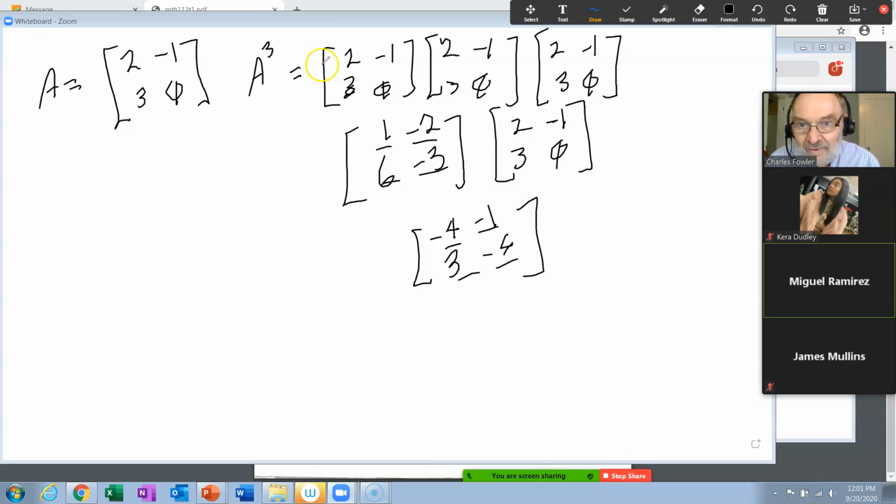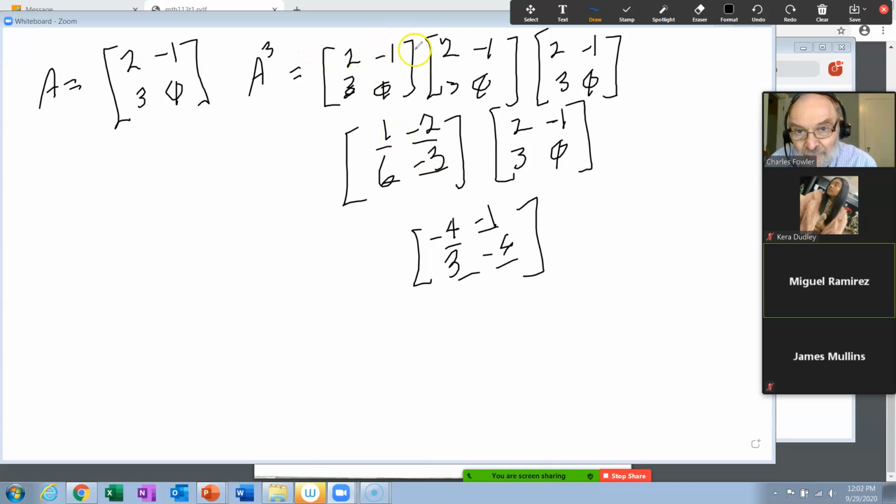So what you do here, this entry right here, the first entry here, is first column, first row. So you do the first column of the first one by the first row of the second one. That's 2 times 2 is 4, plus a negative 1 times 3 is a negative 3. So 4 minus 3 is 1. Okay? This entry here is the 1, 2 entry.